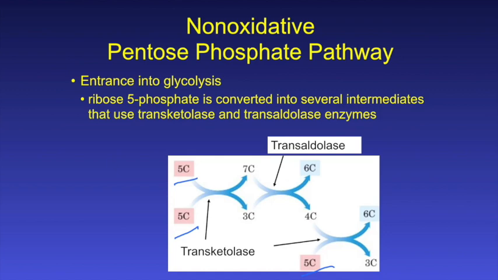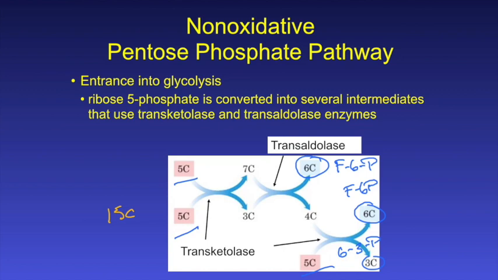And what I will do is I will produce a fructose 6-phosphate, and I will produce a glyceraldehyde 3-phosphate. Okay, let's do some higher math. 5 plus 5 plus 5 is what? 15 carbons come in as ribose equivalents. Okay? I didn't say ribose, I said ribose equivalents.